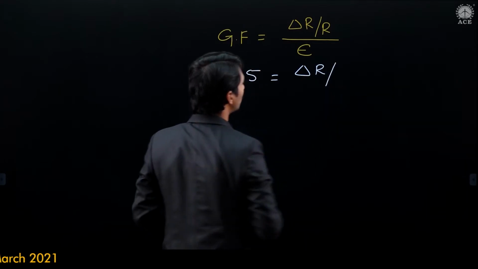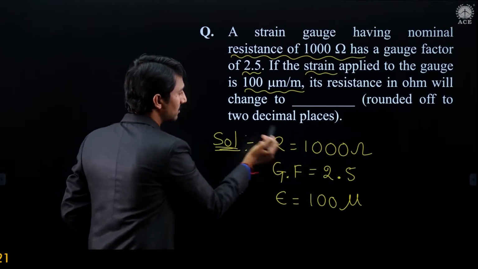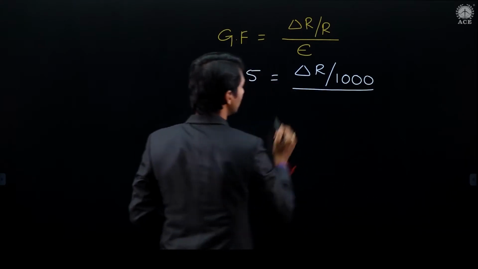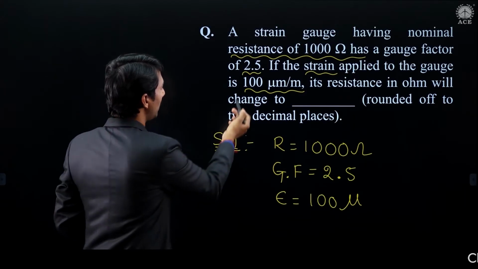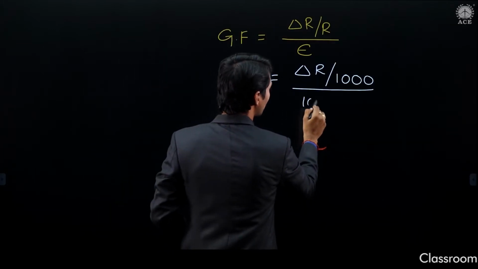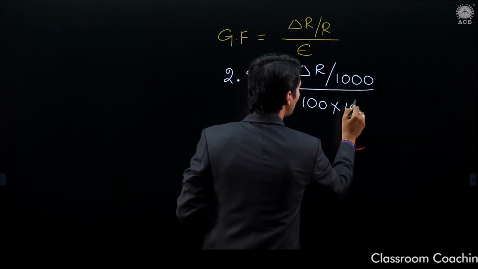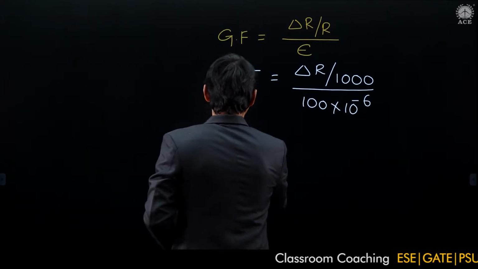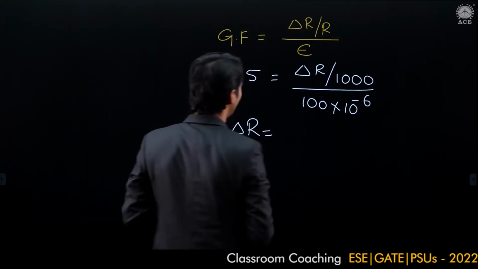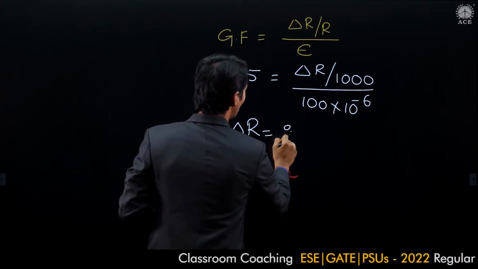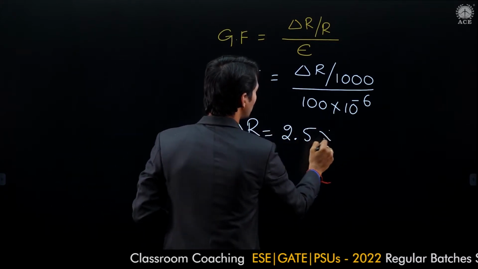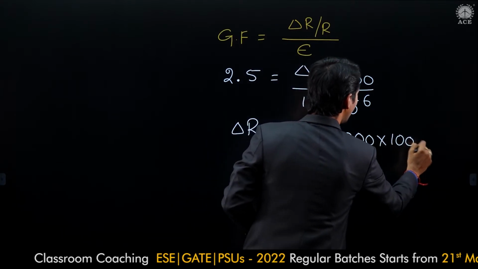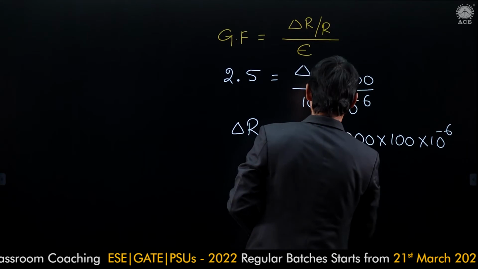Delta R we don't know. And R value, how much? 1000. R value is 1000. And strain, how much? 100 micro, 100 into 10 power minus 6. Sir, if you simplify this, delta R will be 2.5 into 1000 into 100 into 10 power minus 6.